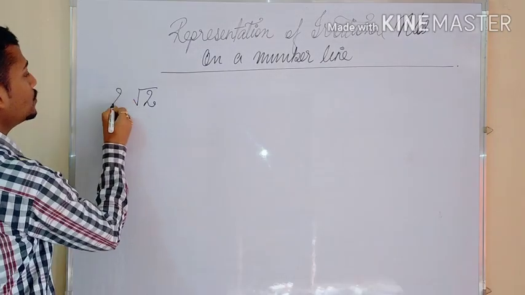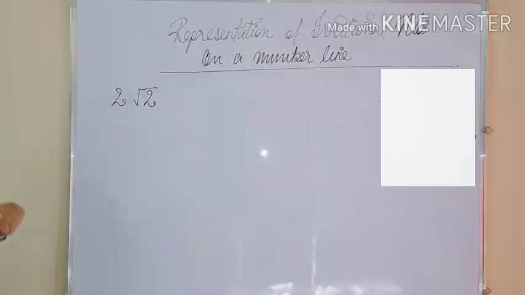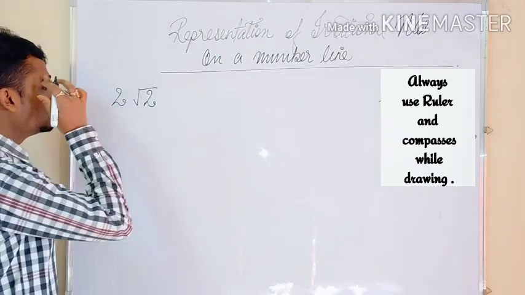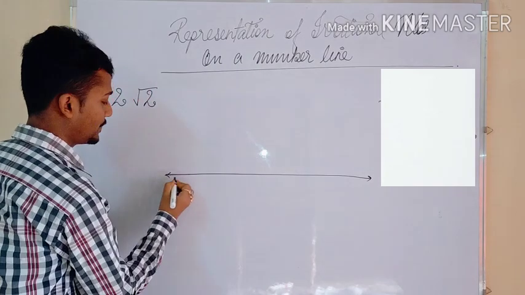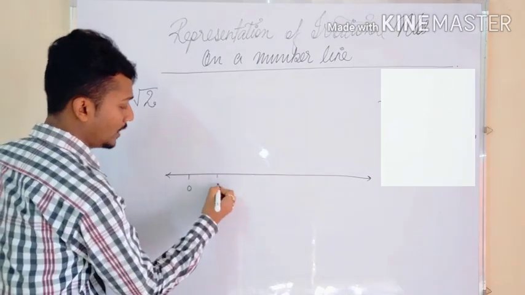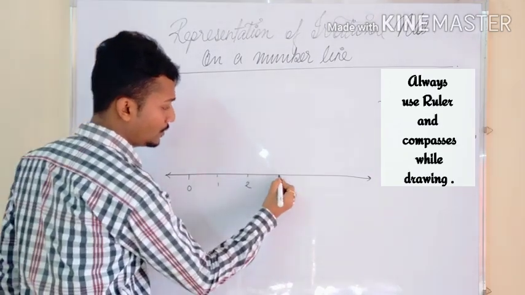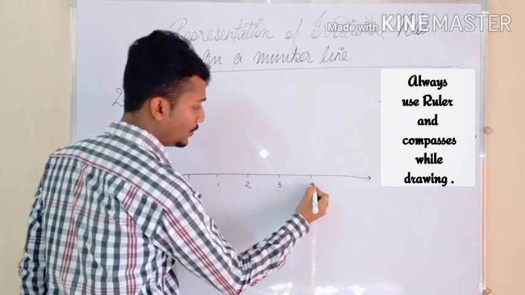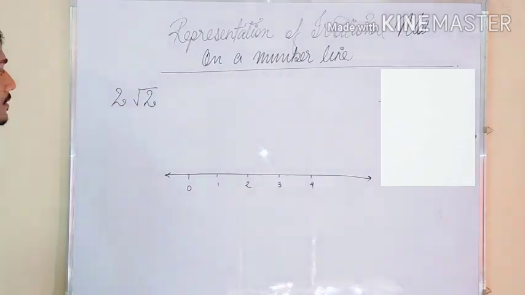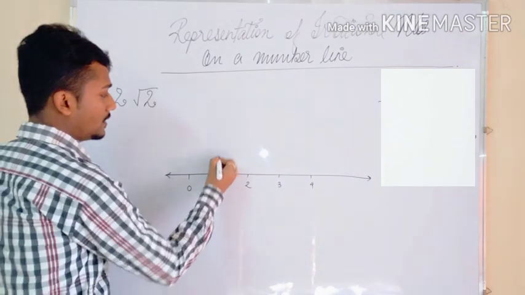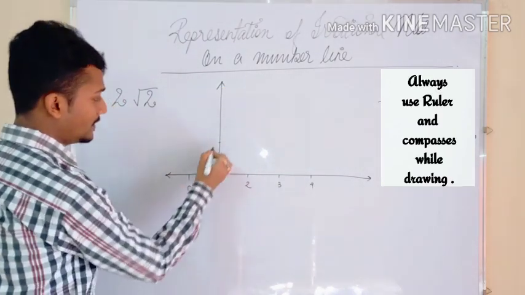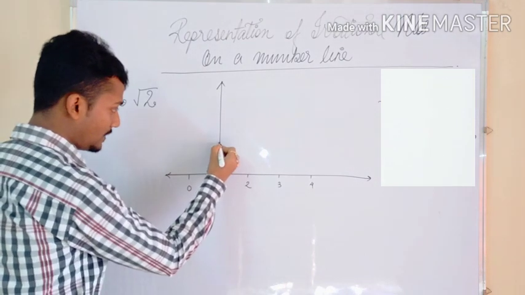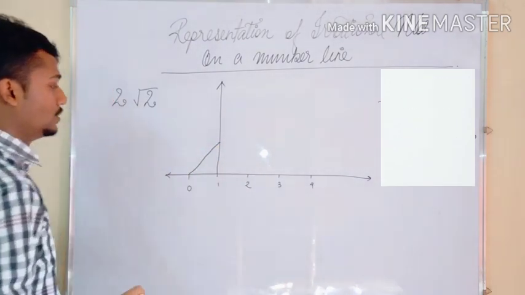If it is 2 root 2, it is 2 times root 2. So very easily you can show it on a number line. 0, 1, 2, 3, 4. How can you represent root 2 on a number line? Very easy. So far we have done so many questions related to this root 2.